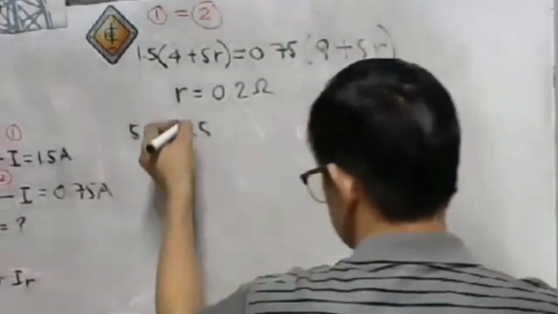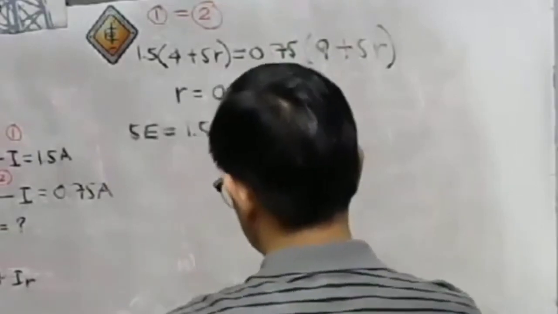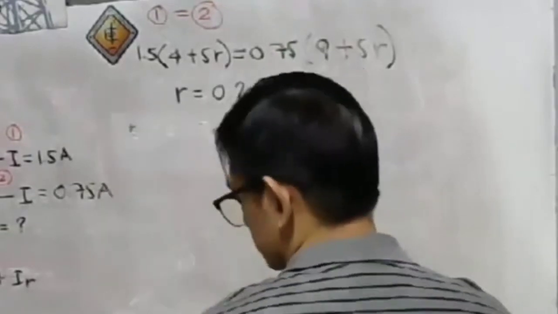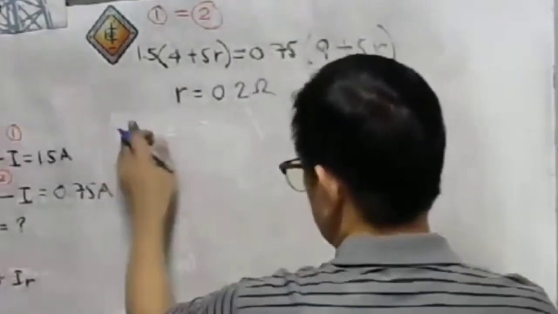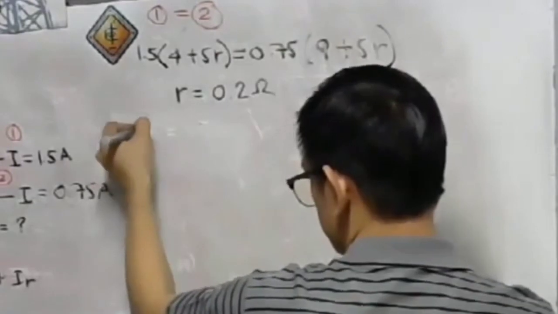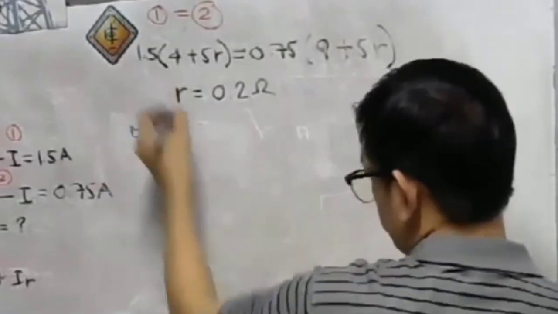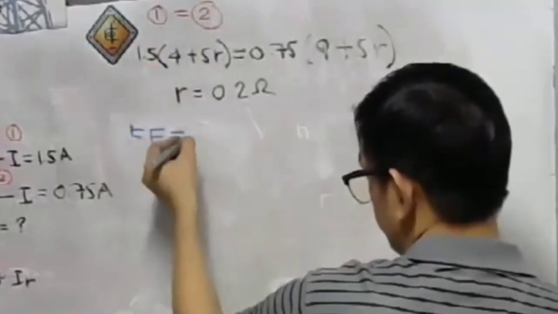That is equal to 1.5 here. This is equation number 1. That's equal to 5e.